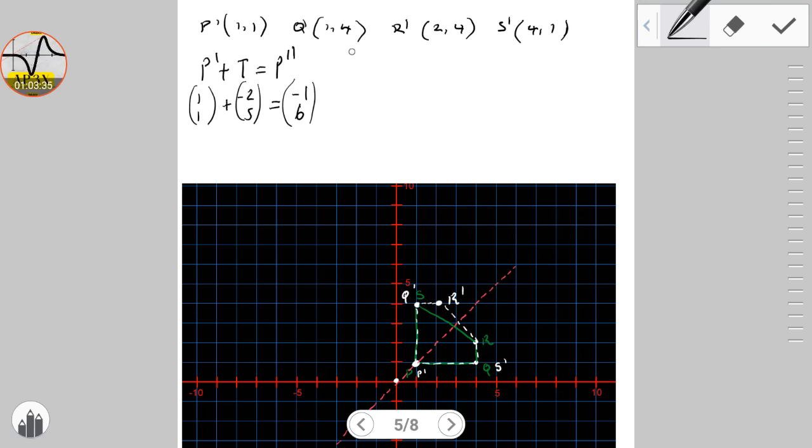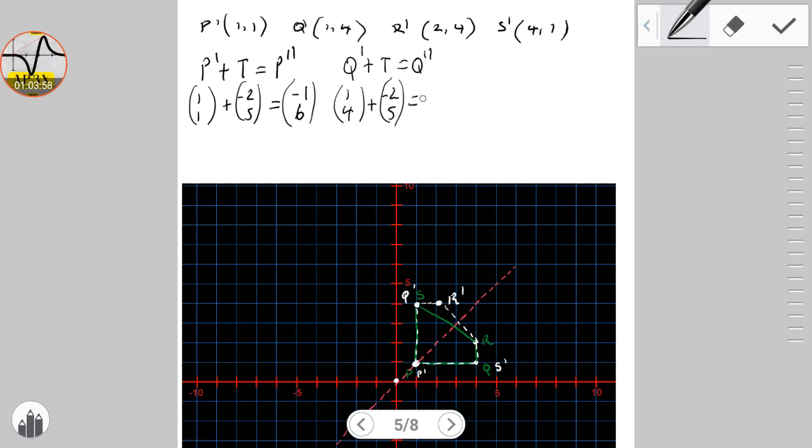That's P double prime. The same procedure for Q prime plus the translation vector gives us Q double prime. So that's 1, 4 plus again minus 2, 5, because remember the formula for translation is the object plus the translation gives us the image.